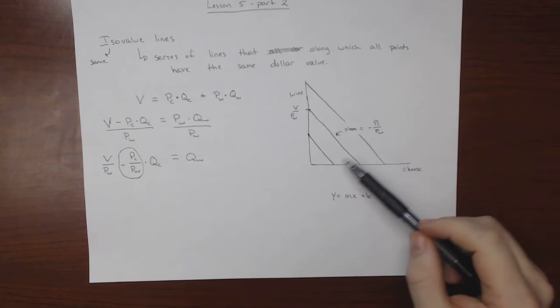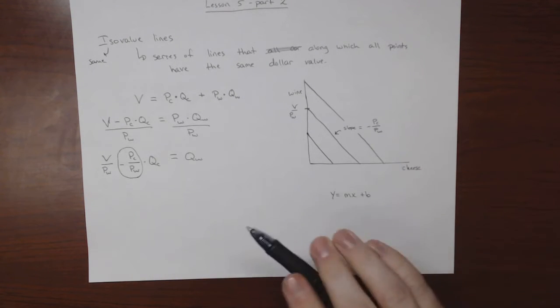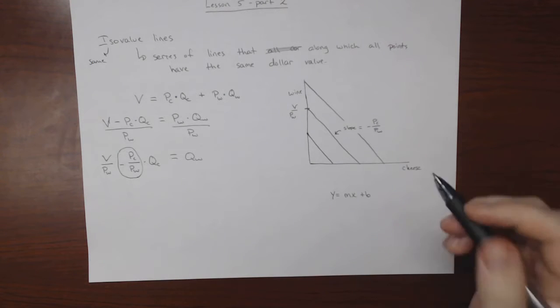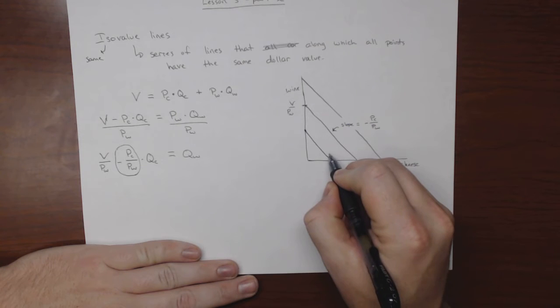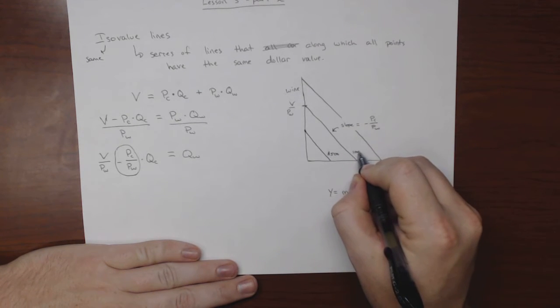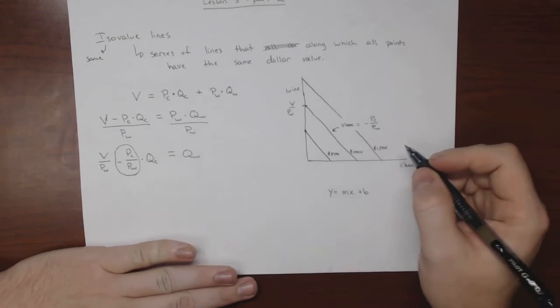Now we should note that it's impossible for two of these lines to cross. They cannot ever cross, because what that would be saying, let's say that this iso value line corresponds to $500, and this one corresponds to $1,000, and this corresponds to $1,500.